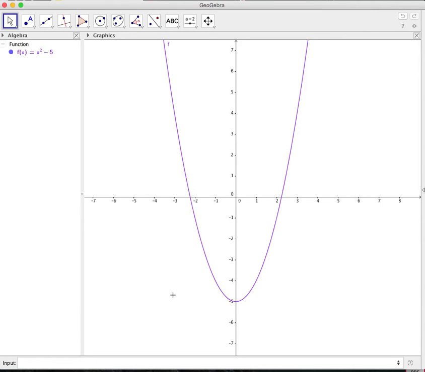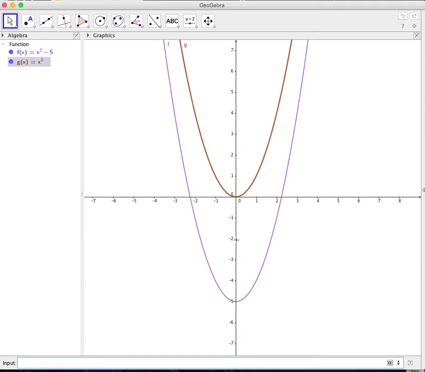Now let's try this. Let's keep this one, but come back and have our x squared again. We'll add another line. Now I have g of x, and that's x squared.